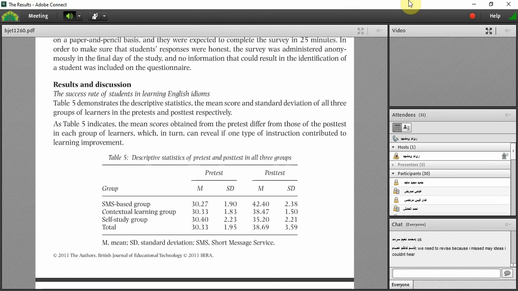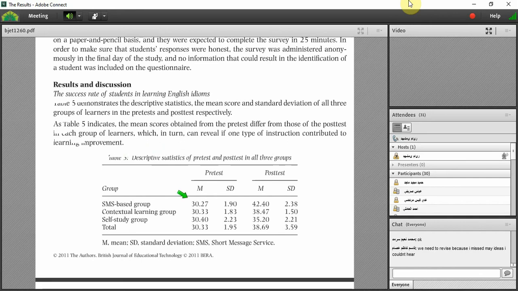Well, let me talk about the results section here. When you want to start the results section, you need to tell the readers if you're reporting mean scores, standard deviation, descriptive statistics. This is Table 5. It has a caption.